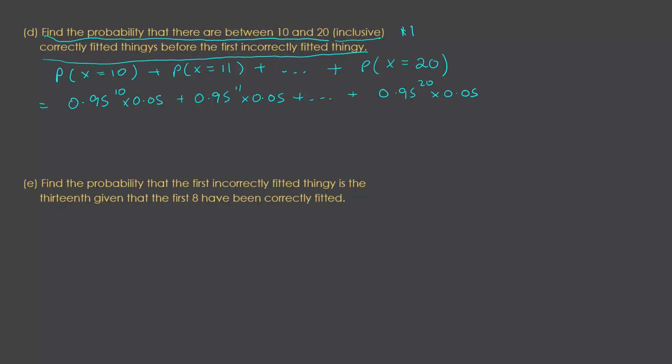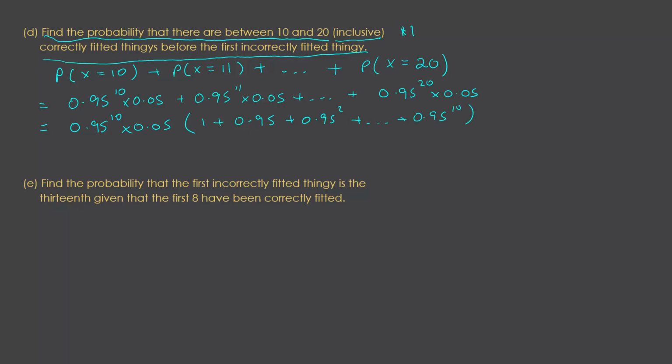And we can take out from there a common factor of 0.95 to the 10 times 0.05. And if we do that, we then get 1 plus 0.95 plus 0.95 squared, and so on, up to 0.95 to the power 10.